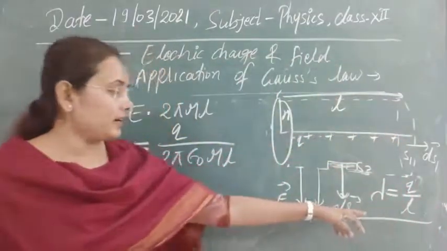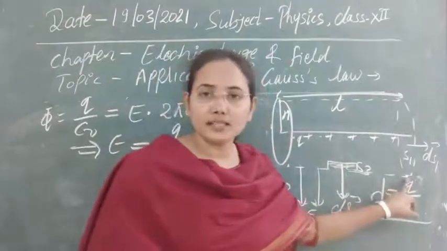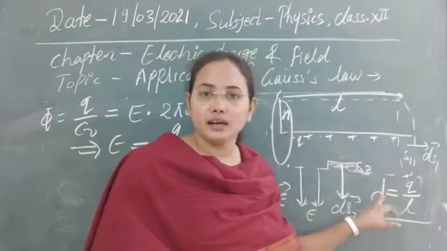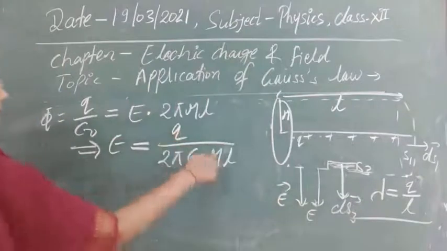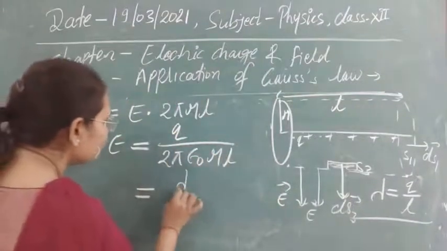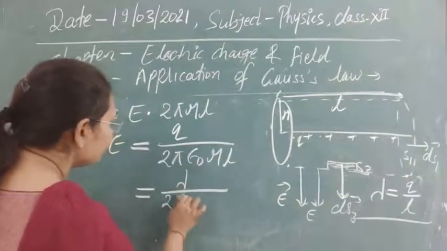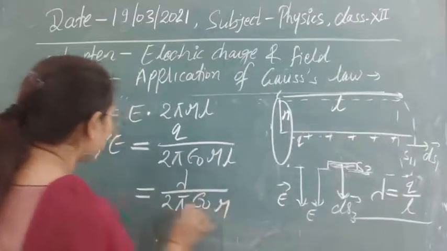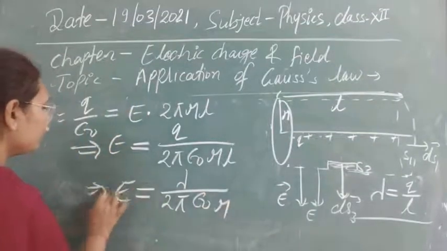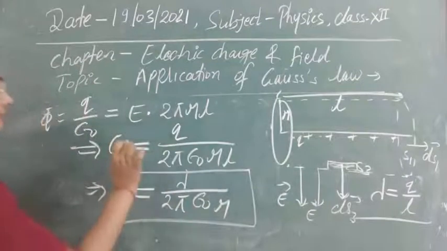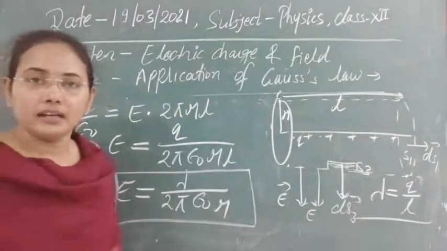Means over the length l, if q charge is distributed, this is known as linear charge density. So here in place of q by l, we can denote it by the linear charge density. So this will be lambda upon 2 pi epsilon 0 r. This is the final value of E for any infinitely long conducting wire.